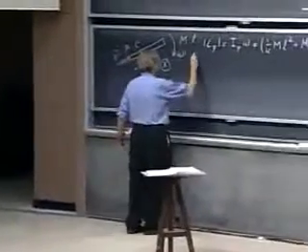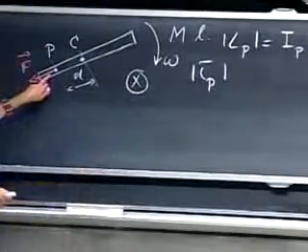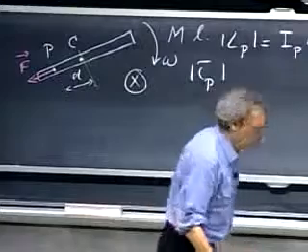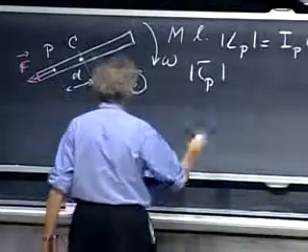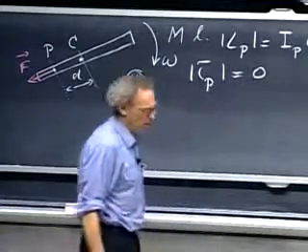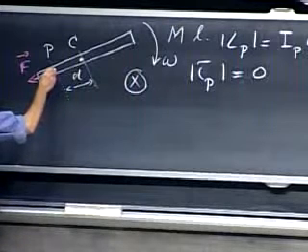So if I take the torque relative to point P, I do not worry about this force. Well, the torque relative to that point P is 0, and so it's clear that angular momentum relative to point P must be conserved. Angular momentum relative to point P is conserved.